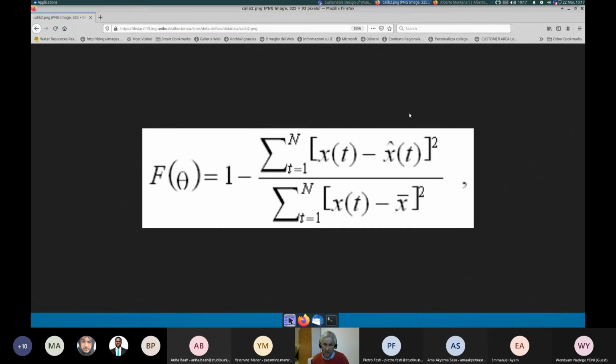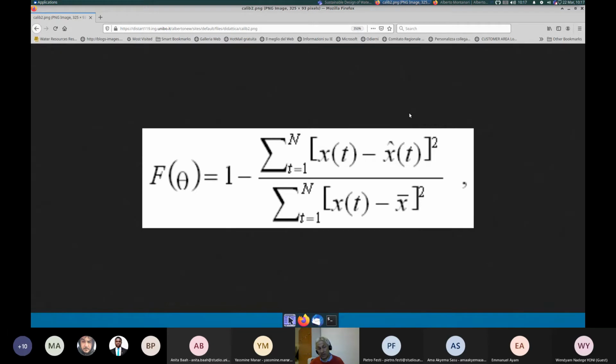Now, on the right-hand side, in the second addendum, you recognize the numerator, the sum of squares. So you understand why it has similar behaviors as the sum of squares, because the numerator at the right-hand side is the same.